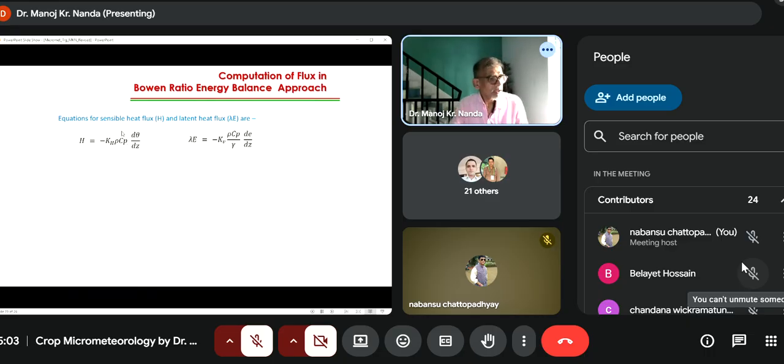Now, this is my general formula for heat transfer. This is my general formula for vapor transfer. This rho Cp by psi is exactly what we can call the vapor capacity. Psi is the psychrometric constant, the value of which is 0.066 kilopascal per degree centigrade.